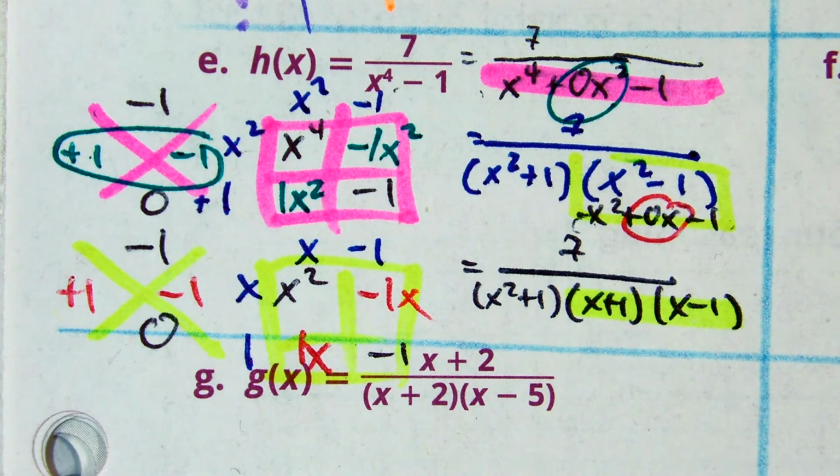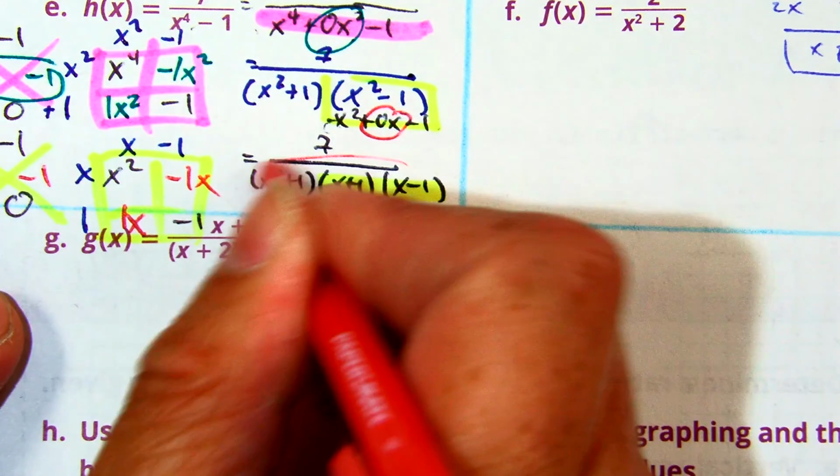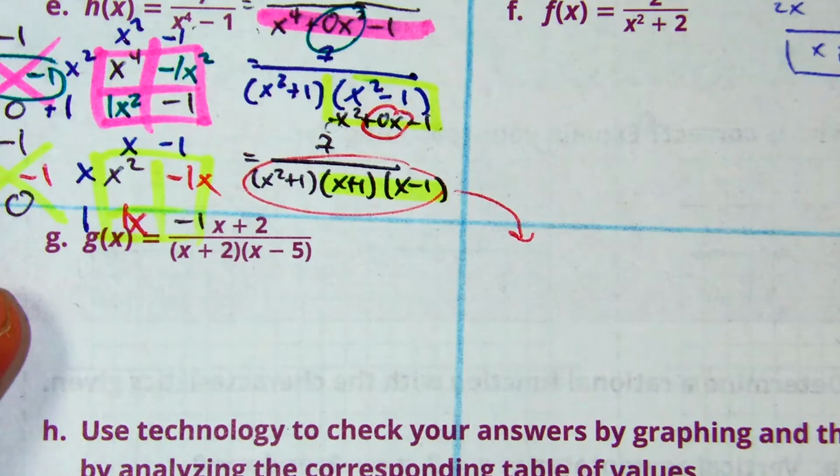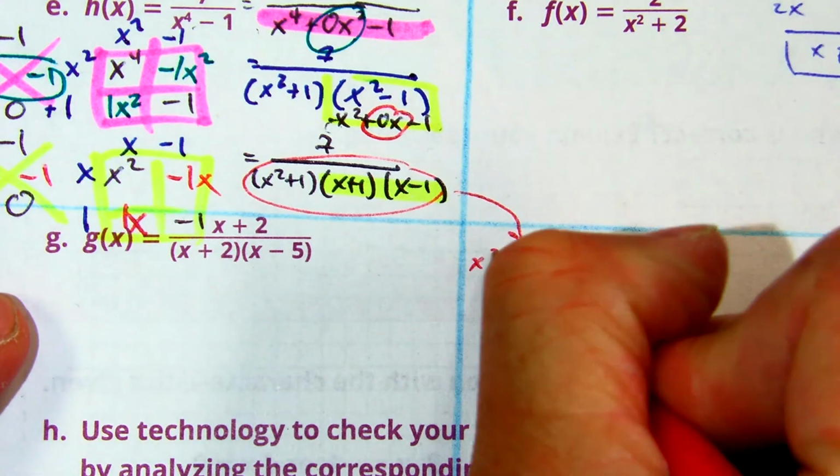Alejandro, can you cancel anything? So what do we do next? Yeah, we're going to set each of these denominators. Ran out of space, I'm going to go into this box. We're going to set each of these not equal to 0.